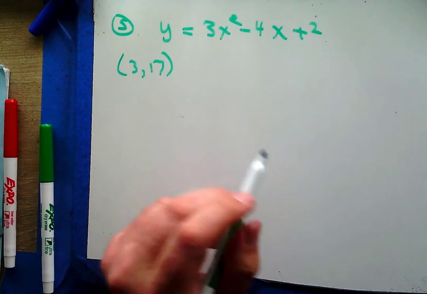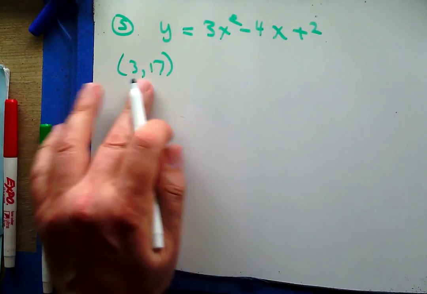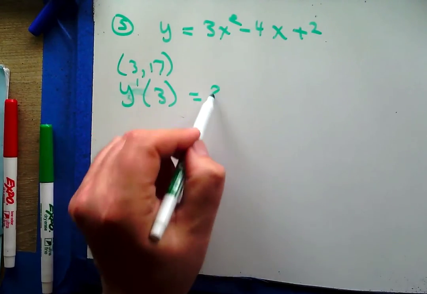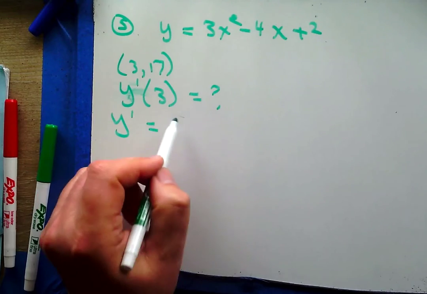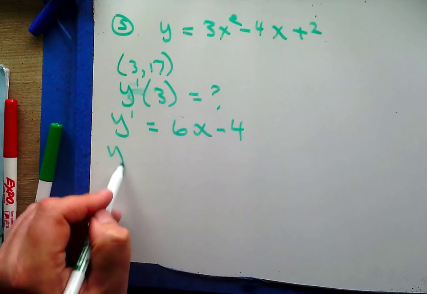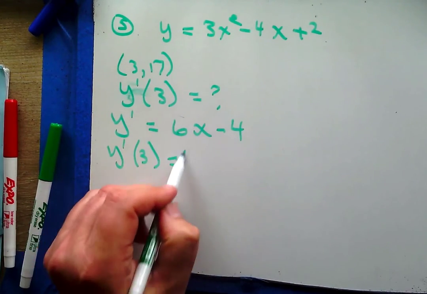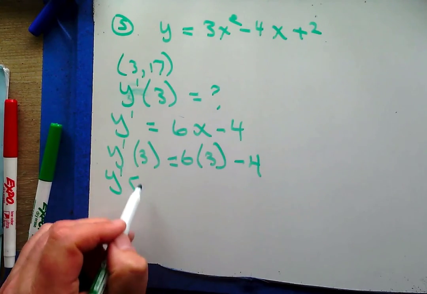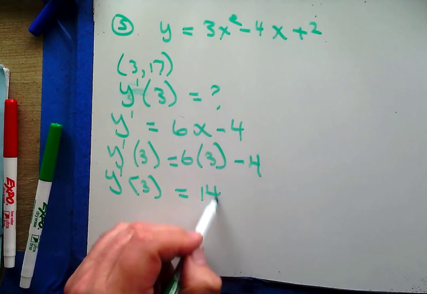That was very nice. And so we need y prime of 3. So y prime is going to be 6x minus 4. y prime of 3 is 6 times 3 minus 4. y prime of 3 equals 14.